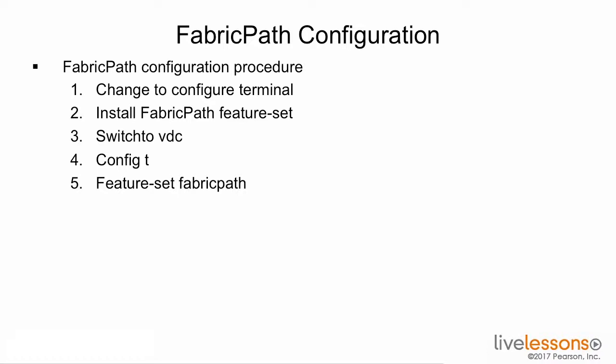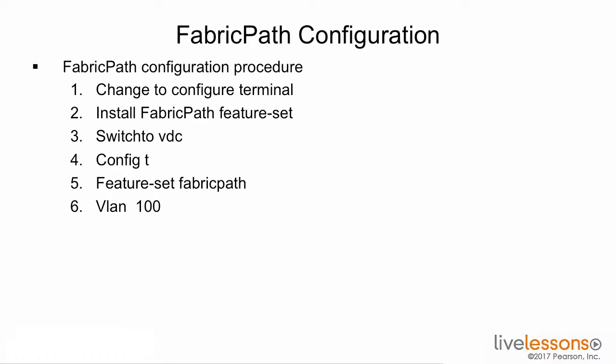So when we do that in the admin console, we're giving the capability to all of the other potential VDCs, and then we go into that individual VDC, and whether we turn on that feature set or not is up to the administrator. Once that feature set is turned on, we can go ahead and configure our FabricPath VLANs.